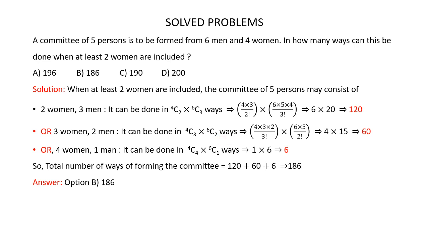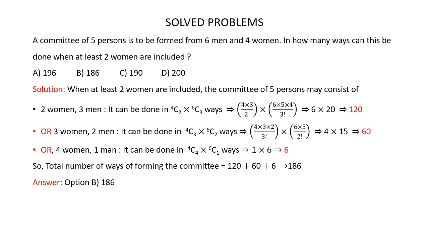Now 4C3 is nothing but 4 multiplied by 3 multiplied by 2 divided by 3 factorial, multiplied by 6C2, which is 6 multiplied by 5 divided by 2 factorial. We know that 3 factorial is 6 and 2 factorial is 2. On solving this, we get 4 multiplied by 15, which is 60.